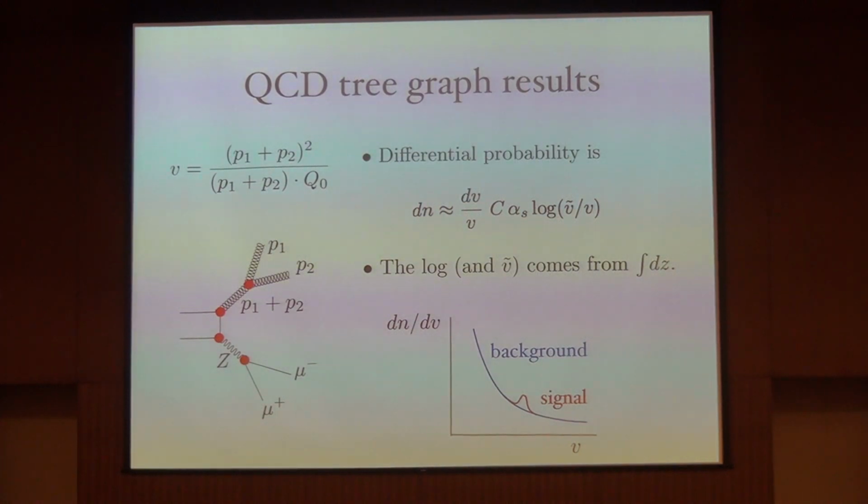Integrate over that for the moment. That's the integral over dz. And then what you get? The number of particles is dv divided by v, times a constant, times alpha strong, and times a logarithm of v, which came from that other integral. So that background is a smooth background. There's the shape of it. Just 1 over v.